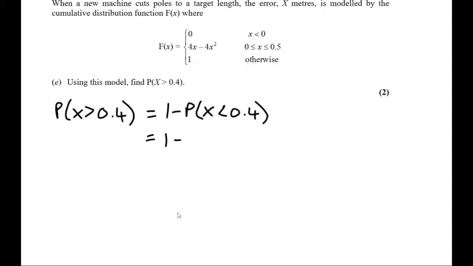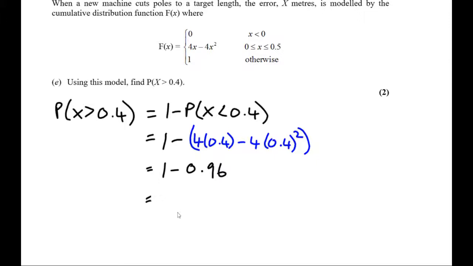Substituting that in, I should get 1 minus 4 times my 0.4 minus 4 times 0.4 squared. Putting that into your calculator, we should get 1 minus 0.96, which leads to 0.04.